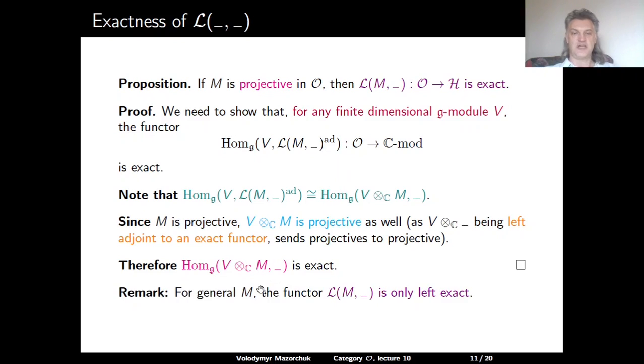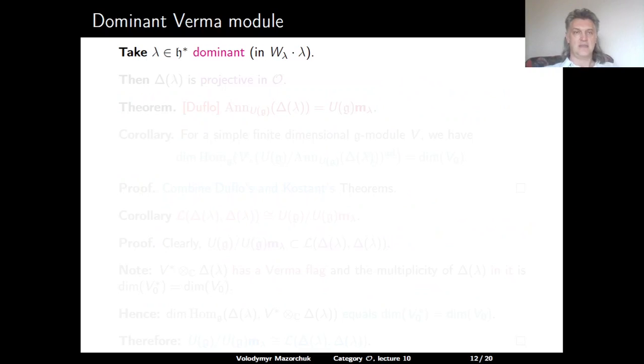Of course, for general M, from the same kind of arguments, we can only see that Lm blank is a left exact functor. Let us now look closer at a dominant Verma module. So take a weight lambda in H, which is dominant with respect to the corresponding integral Weyl group.